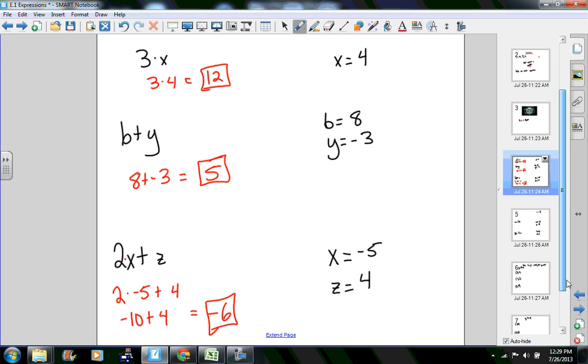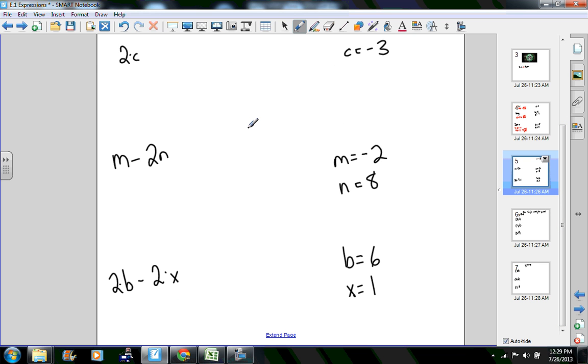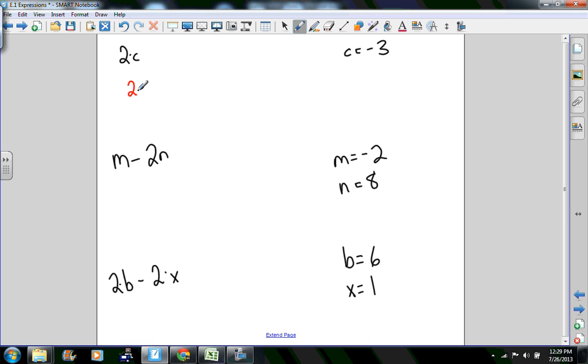We got a couple more and then some to practice. So here, same idea. 2c where c is -3. So that's just going to be 2 times -3, which is -6. Now it gets a little bit trickier. We got some subtraction mixed in.